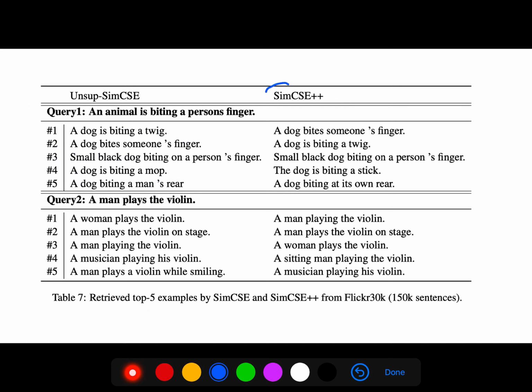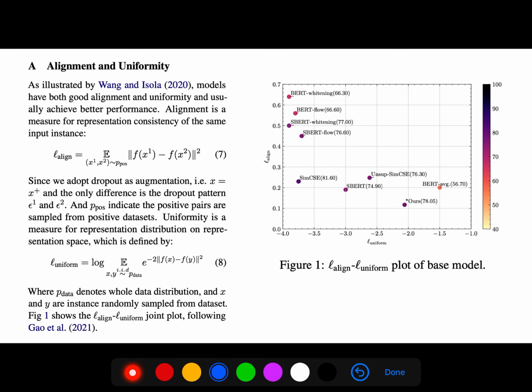And this is SimCSE plus examples from this data set, which contains 150,000 sentences. And like any other algorithm in the world of contrastive learning, contrastive networks, we can measure how successful we are by seeing which point in this space we are.